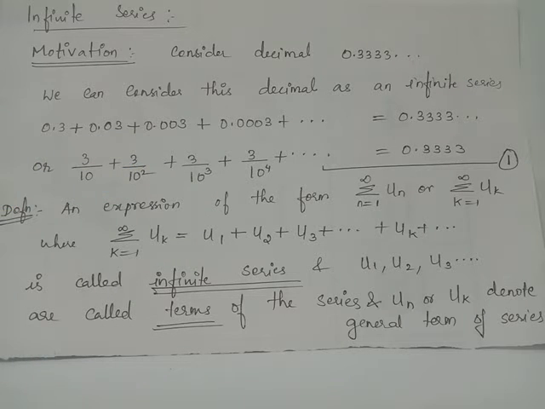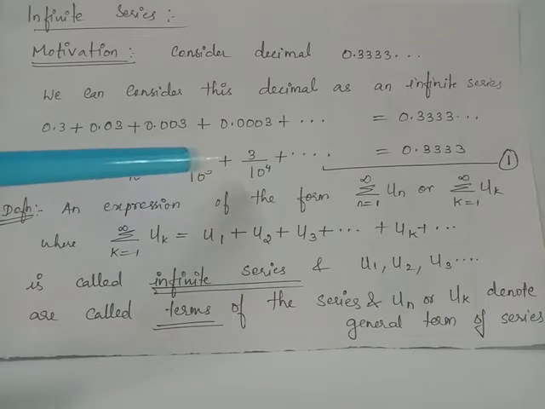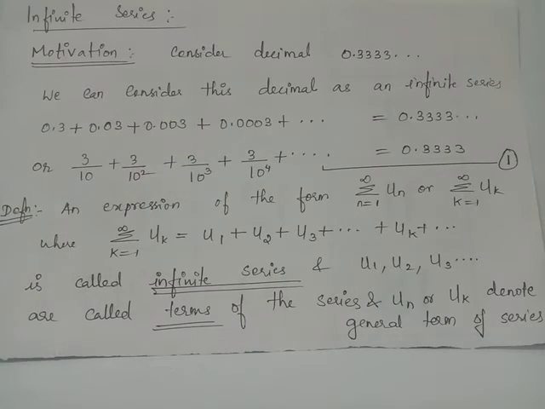If you call U1, U2 and U3 these fractions, which are the first, second and third terms of the infinite series, then S3 equals the sum of U1, U2 and U3. Therefore, S4 will be the sum of 3 by 10, 3 by 10 square, 3 by 10 cube and 3 by 10 raised to 4.